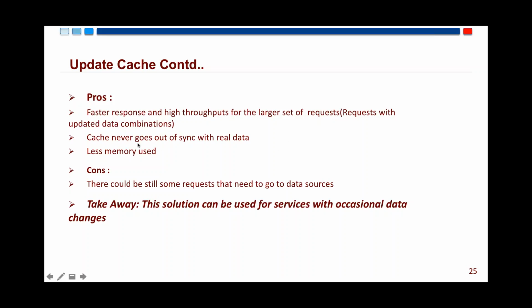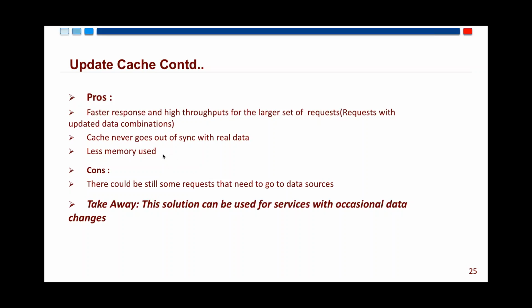And with this solution, any update in the data in any data source will be taken care of. So all the updated data from the data sources is available in the cache, so that the cache never goes out of sync with the real data. And the memory that is used is still less. It is as big as the updates that are coming from the data sources.